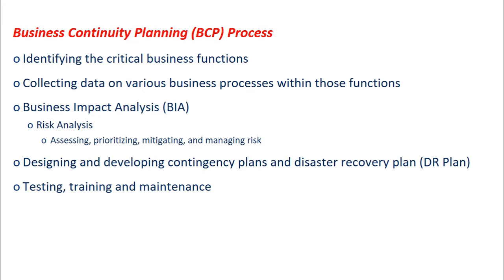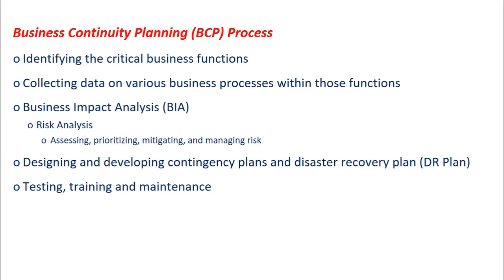Now let us proceed and understand something called the business continuity planning life cycle or BCP process. It involves identifying the critical business functions and collecting data on various business processes within those functions.